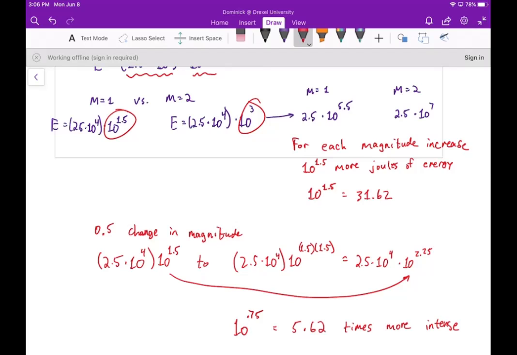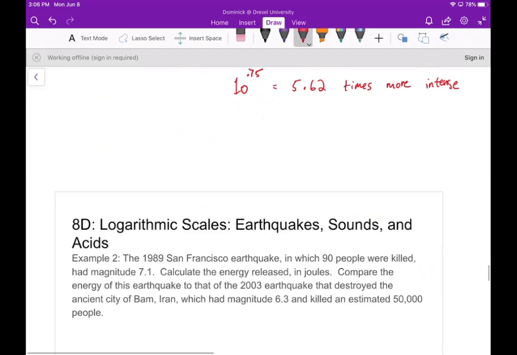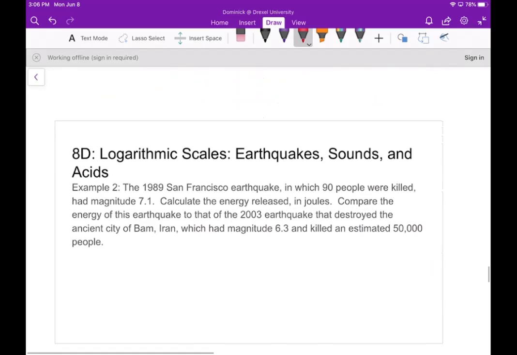Right. So that's highlighting the difference between going up by a magnitude of 1 or a magnitude of 0.5.